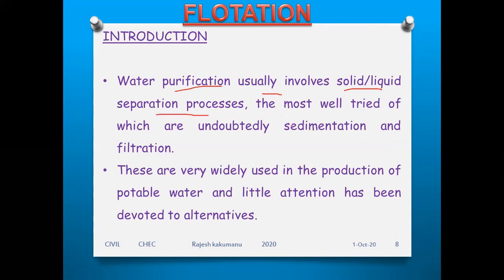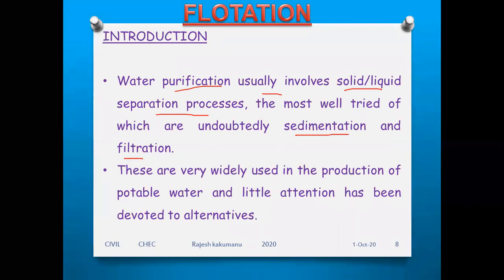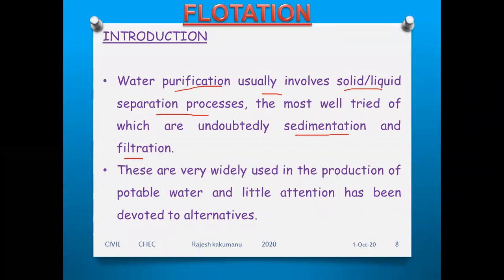The most well-tried methods are undoubtedly sedimentation and filtration processes, right? These are the methods of removal of solids from liquid. These are widely used in the production of potable water, and little attention has been devoted to the alternatives. So sedimentation and filtration are widely accepted and used processes in the separation of liquid from solids.